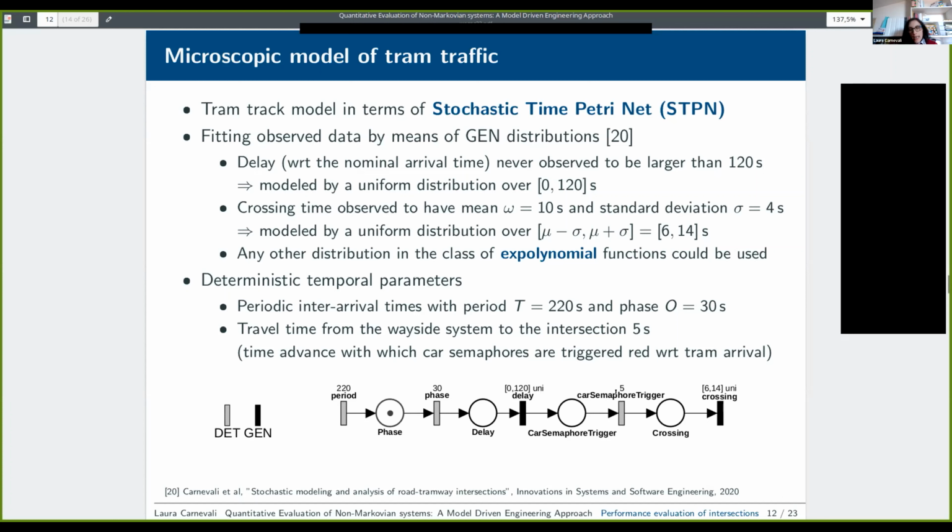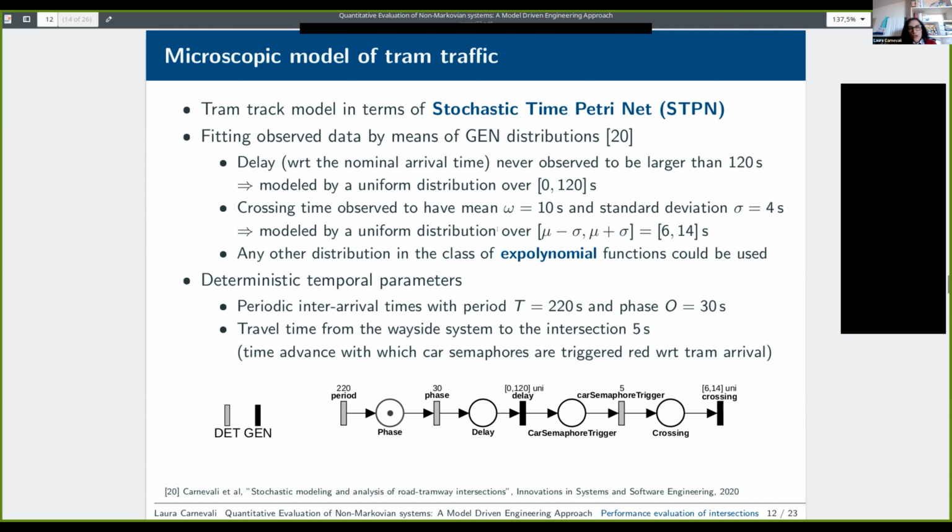The 5 seconds that we have here are the time advance with which the car semaphores are turned red before the tram crosses the intersection. Then we have a uniform distribution between 6 and 14 seconds, which represents the time needed by a tram to cross the intersection.